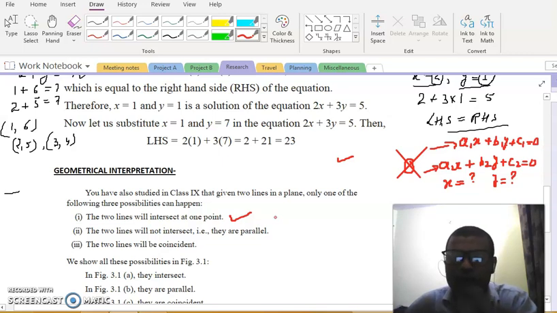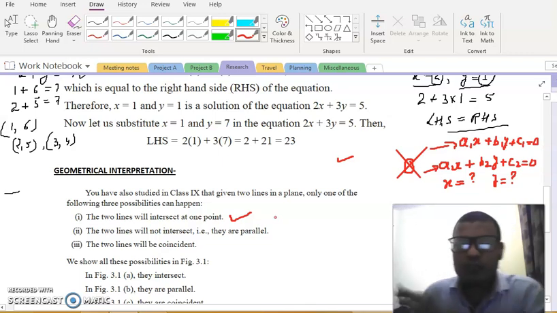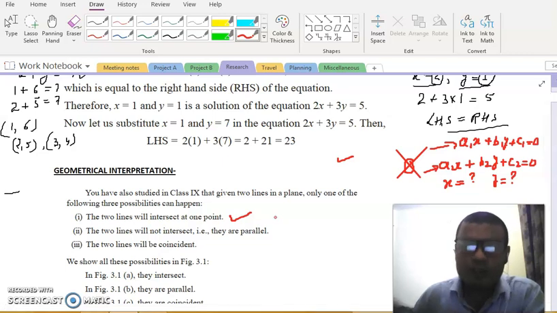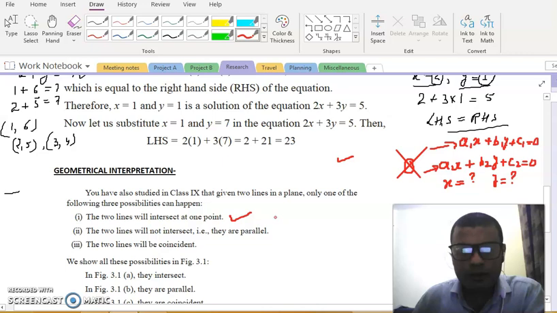That is not going to change. If you solve in a different way and get different values of x and y, that is not possible. The unique values are the intersecting point of both lines.